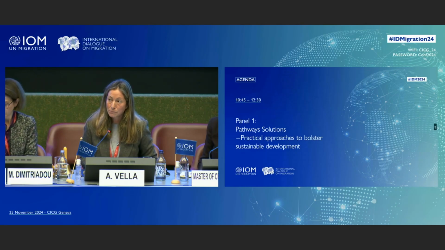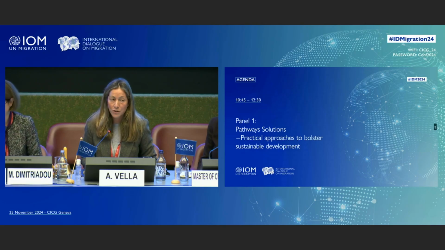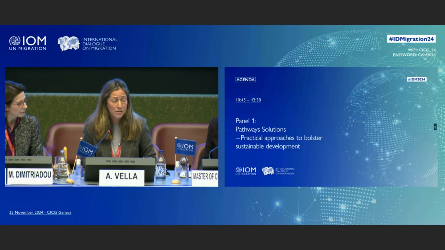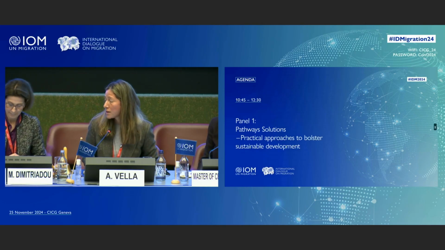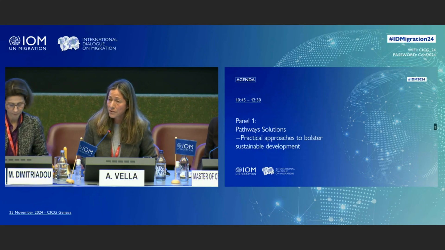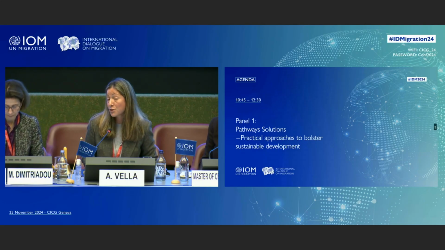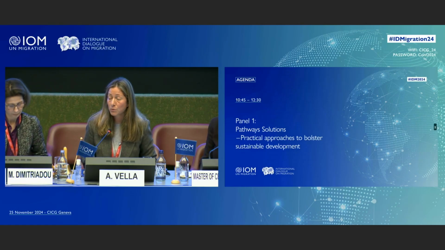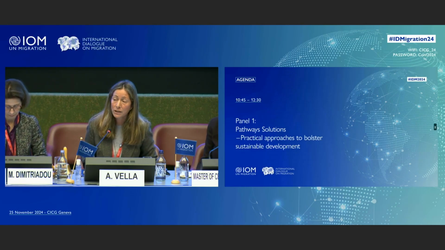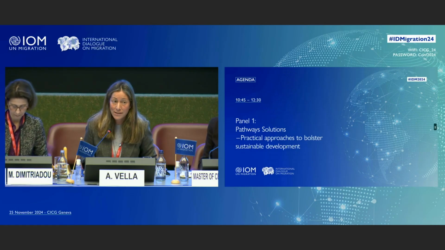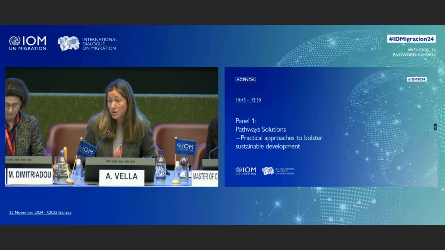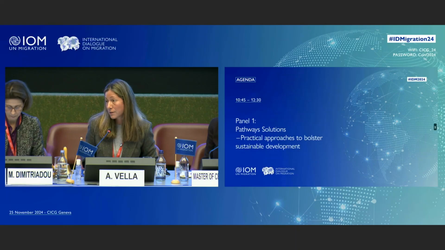We really are working with, as well, not just EU member states, but also regions and local communities to make sure that, of course, there is the necessary pre-departure support provided to the people that would be coming to the European Union, and that the societies are actually prepared to welcome those people.